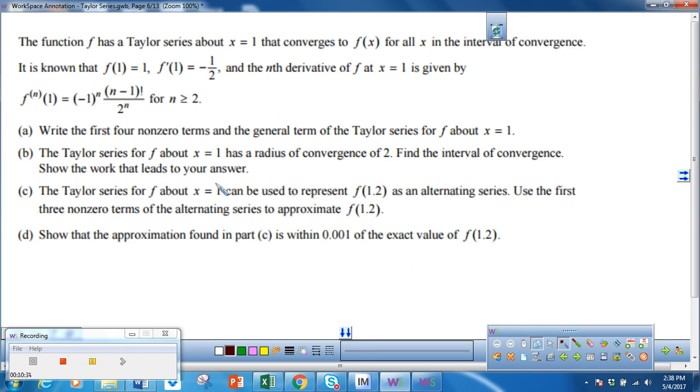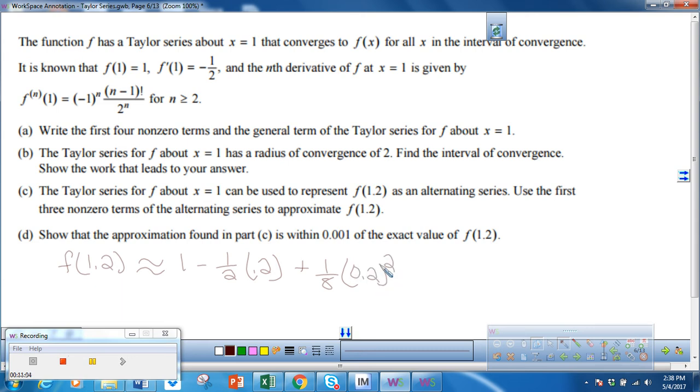Part C is pretty straightforward. All we're doing is we're taking the first 3 terms that we developed and approximating the square root of 1.2. So that is simply 1 minus a half times 0.2, or, it's 1.2 minus 1, which is 0.2, plus 1/8 times 0.2 squared.